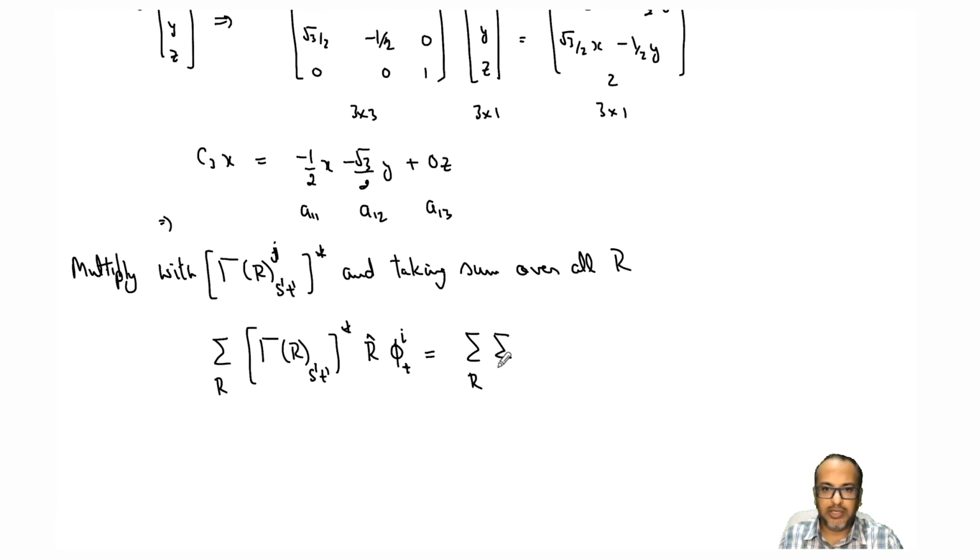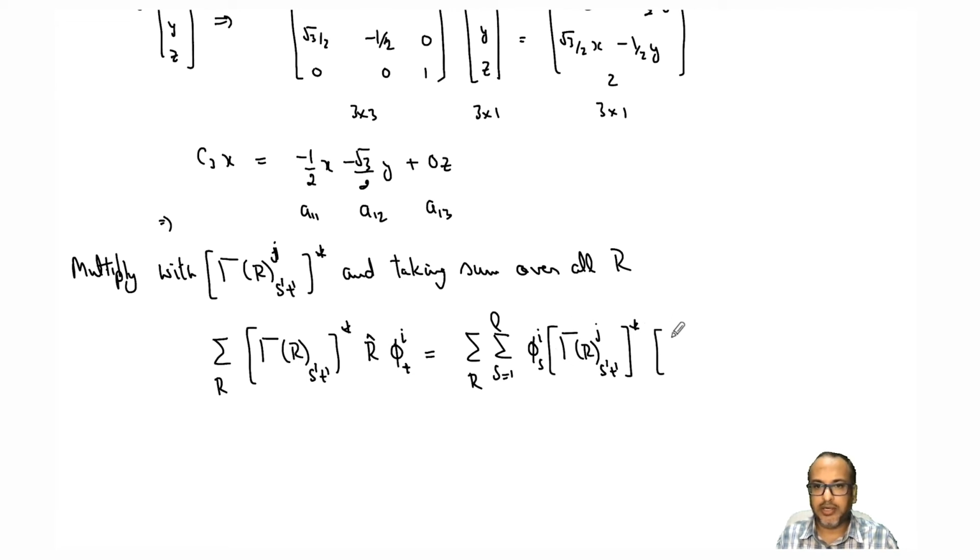There was another summation s equal to 1 to L, and I had phi s i, and now I had tau r s prime t prime j star, and I had initially tau r st, and that was i.